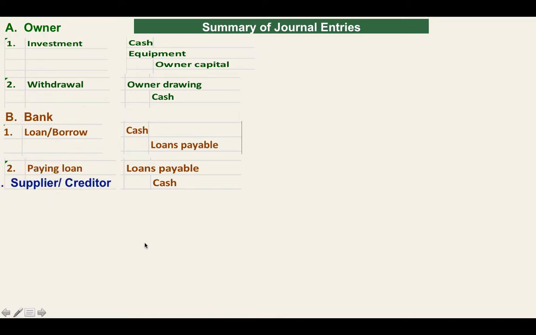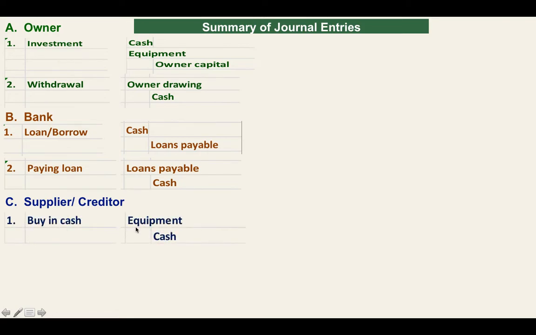Okay. And if we are buying from supplier or creditor, if we buy in cash, we will debit what we have bought because we receive what we have bought, and credit cash because we gave cash for the equipment that we have bought.